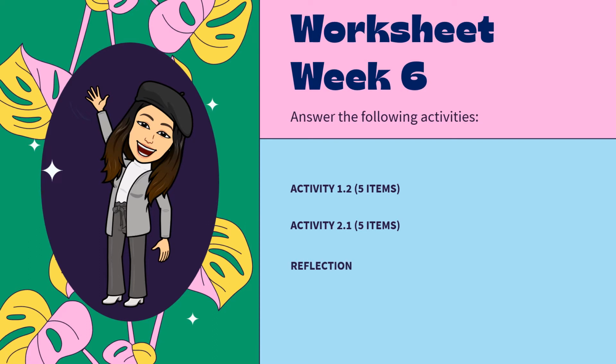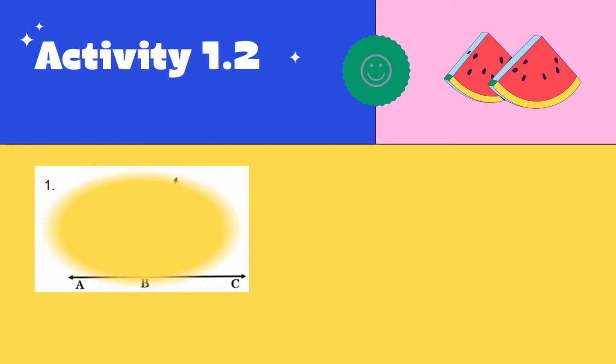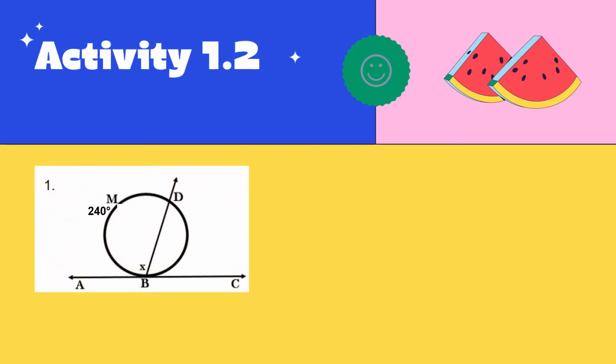So, yan lamang po ang inyong sasagutan sa worksheet week number 6. Okay, so let's have an example on activity 1.2. Ganyan din yung sasagutan ninyo sa activity 1.2, syempre, pinalitan ko lamang yung given na number.